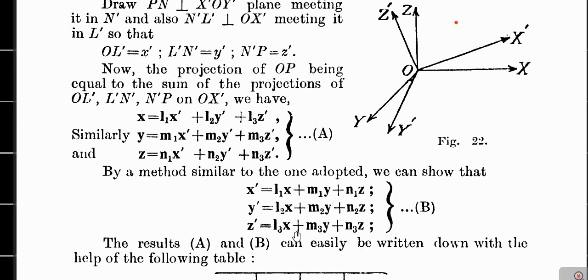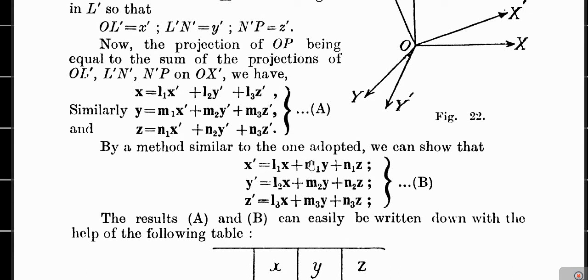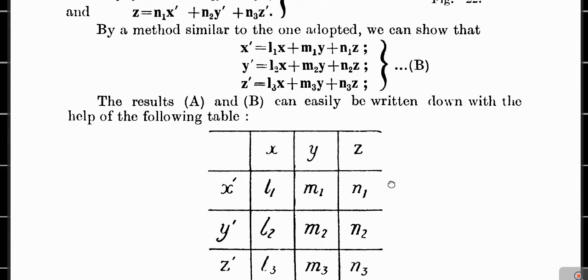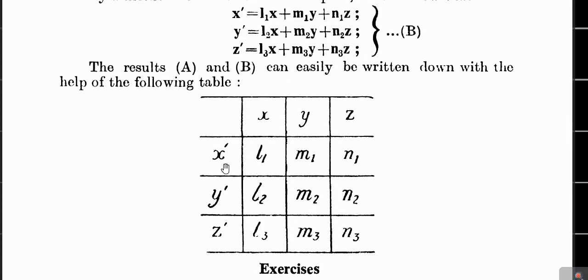Next, the results A and B, both these systems of equations, can be written systematically in the form of a table with x, y, z, x dash, y dash, z dash. Those equations can be written as x dash equal to L1 into x plus m1 into y plus n1 into z, y dash equal to L2 into x plus m2 into y plus n2 into z, and z dash equal to L3 into x plus m3 into y plus n3 into z.